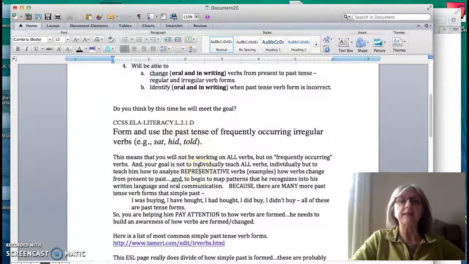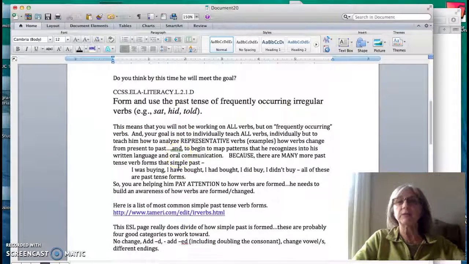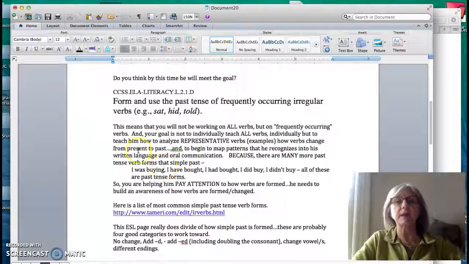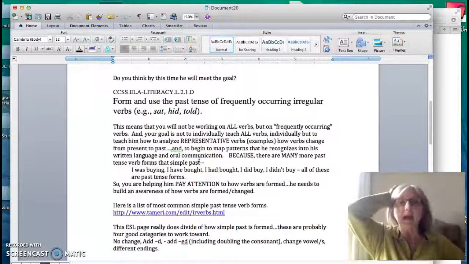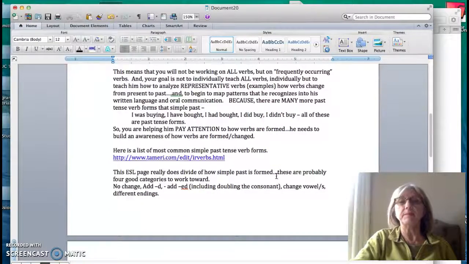You would identify this, and it says frequently occurring, this for second grade, which is what he's in, frequently occurring irregular verbs. So we're not talking about every irregular verb, the really odd ones. We're talking about frequently occurring. I do give you a list here, a website of common simple past tense verbs.